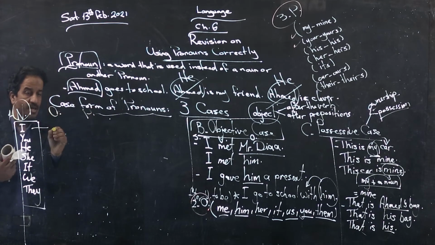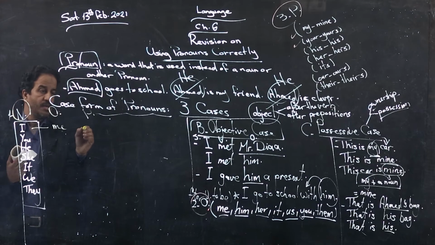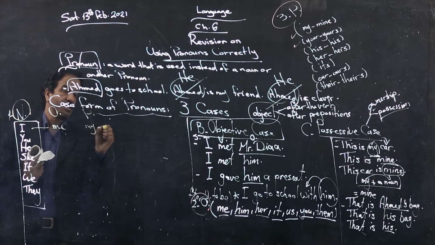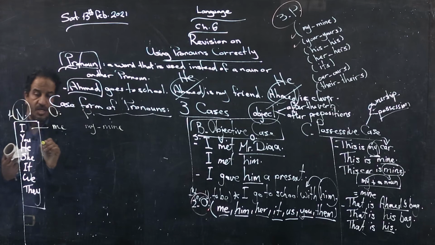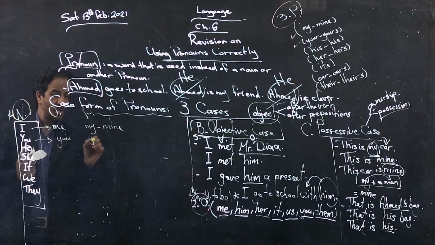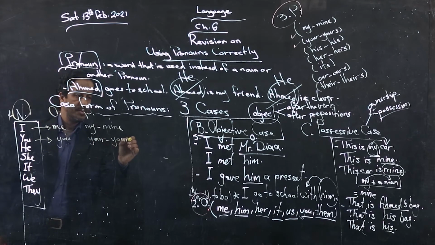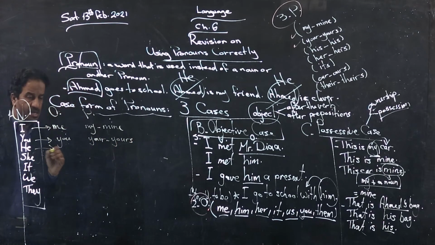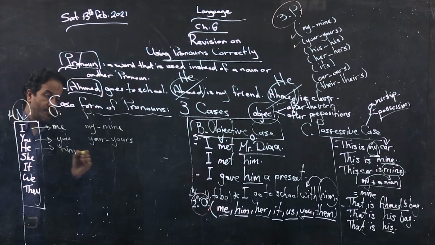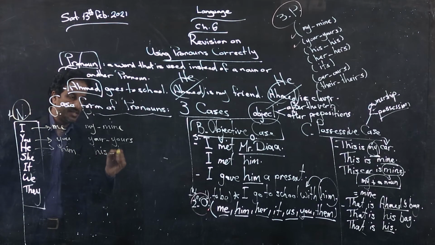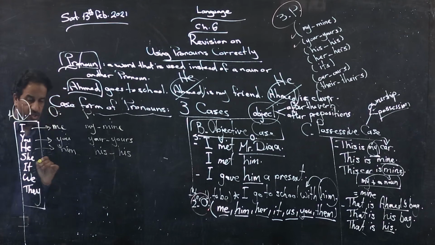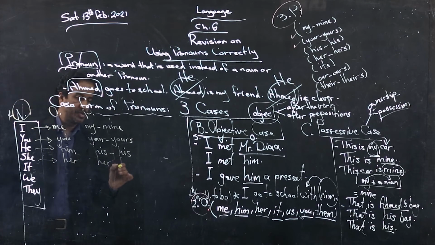So here, nominative case, objective case, possessive case. We have I, me, my, mine, you, objective the same, your, yours, he, him, his, she, her, hers.